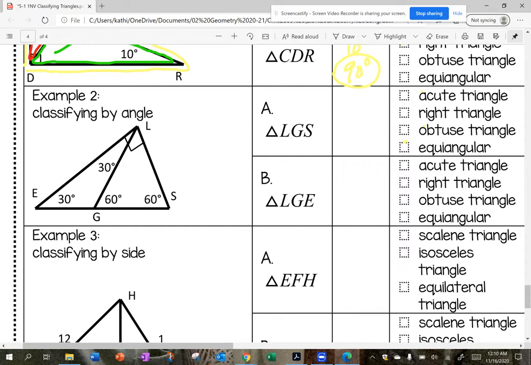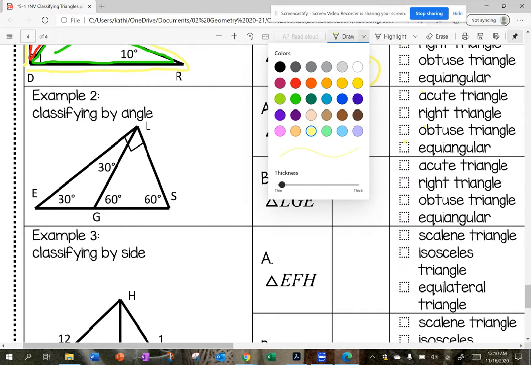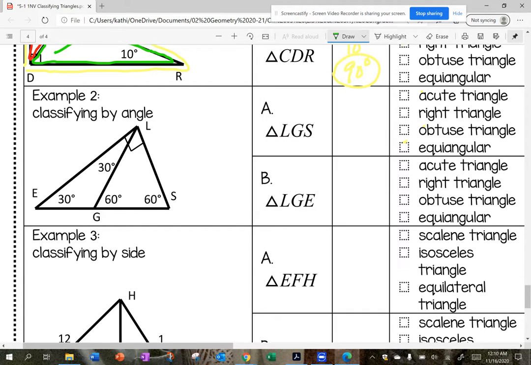All right, I want you to help me with this one. I don't know if that yellow is so good. All right, so let's start out by classifying by angle. Triangle LGS. So I have an angle that's 60 degrees, 60 degrees.